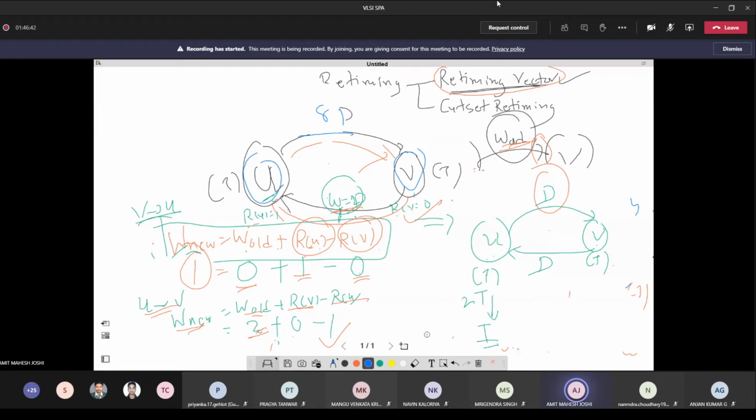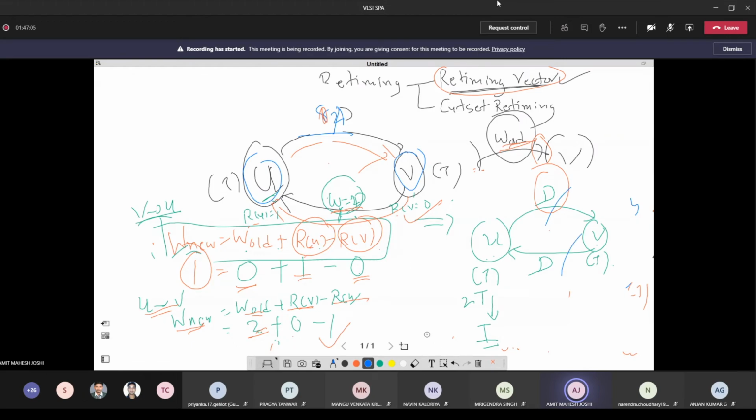Now, as I said, in retiming, ultimately you need to rearrange the position of D elements. जैसे कि मैंने यहाँ पे initially मेरा 2D था, तो वो 2D में से D एक रखा और दूसरा D यहाँ पे ला दी. With this I am getting this.